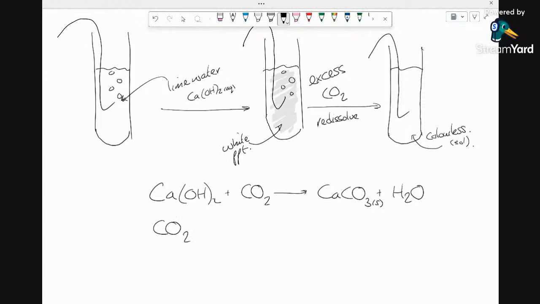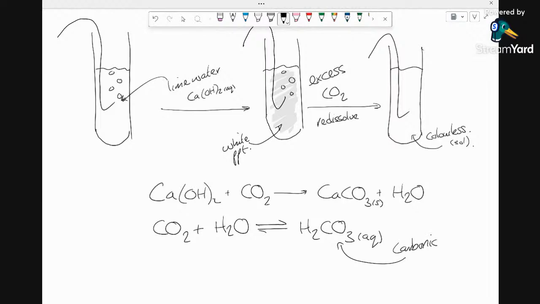However, now that all the lime water, the slaked lime or calcium hydroxide, is gone, the CO2 will start to react with water, in a reversible direction because it's weak, to form carbonic acid, which is aqueous.